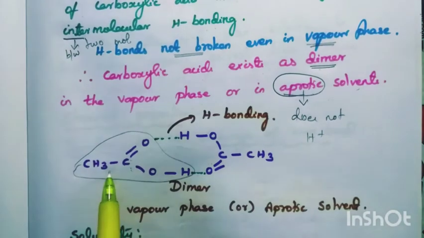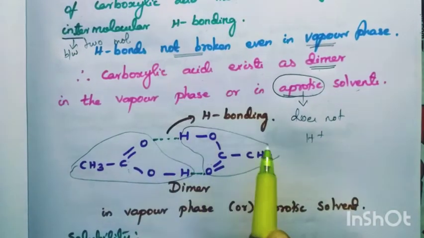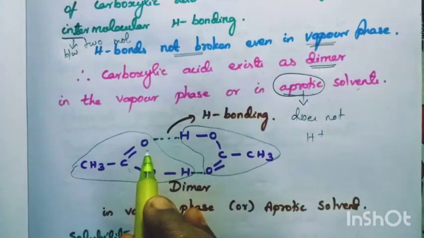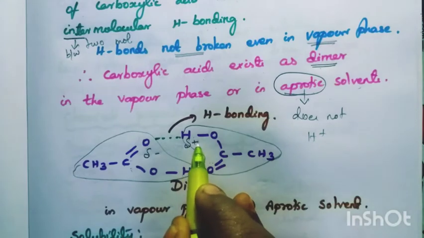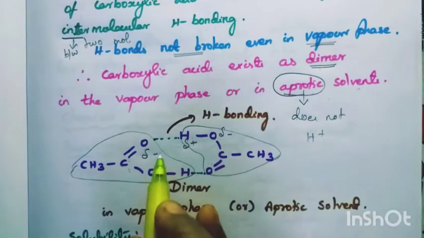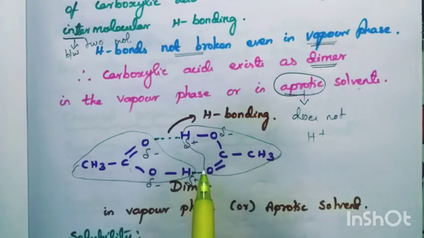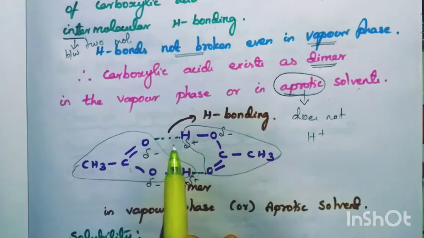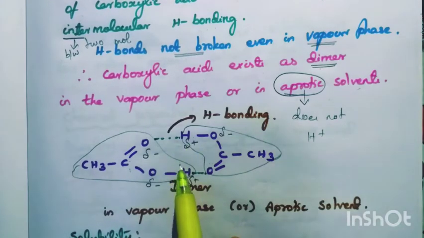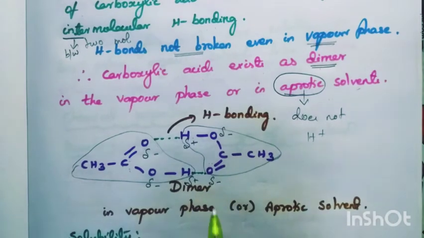This is one carboxylic acid, acetic acid, CH3COOH. This is another acetic acid. This oxygen carries a partially negative charge, and this hydrogen carries a partially positive charge. And this is partially negative, this is partially positive. So there occurs an attraction between the positive and negative, a hydrogen bonding.